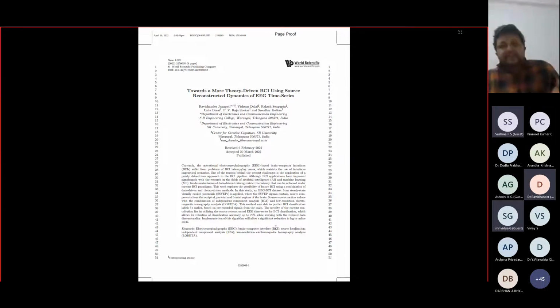It has been accepted. We had actually managed to build at least an algorithm for theory-driven BCI with a reconstructed dynamics of EEG time series. We have filed a patent for that as well, where we used our cognitive intuition to try to reduce the lag in BCI learning. And some of you who want to know more of that, you can ask Dr. Ravichandar or me, outside the session.